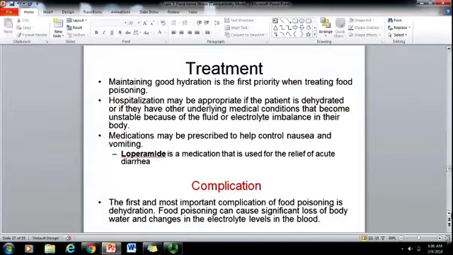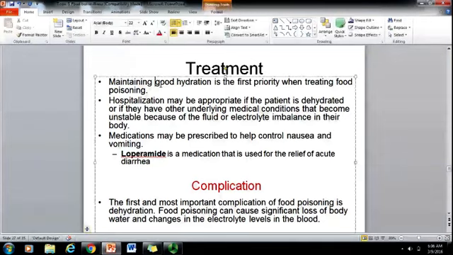For the treatment of foodborne illness, there is no specific treatment, just good hydration, right? And the doctors may prescribe medication that can control nausea or vomiting.